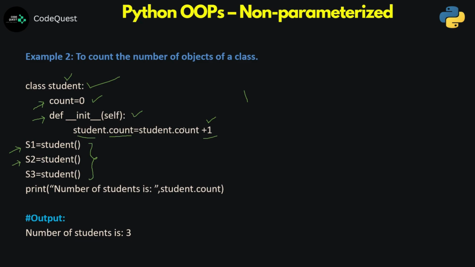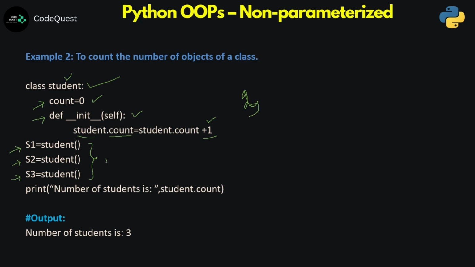As a result, the present count value 1 has been added with 1, so it is updated to 2. Very similarly, when the third time we are creating the object of the Student class, once again this non-parameterized constructor is invoked and it updates the value of count to 3.